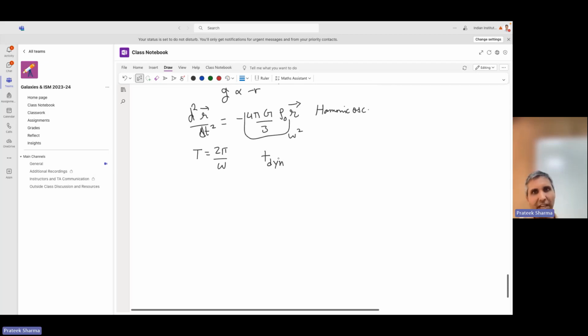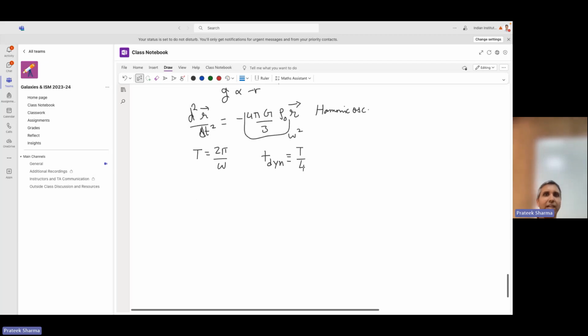For this problem, the dynamical time is basically just T by 4. So essentially, what's the time it requires for this test particle to go from maximum amplitude to the center? The full oscillation will be like this, so it's 1/4 of the time period.